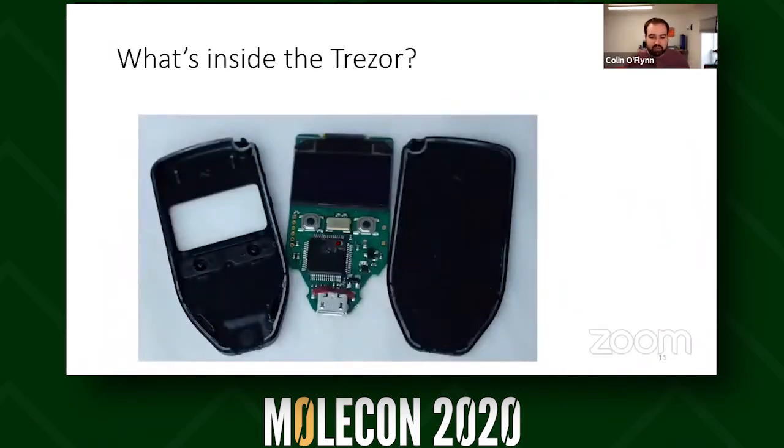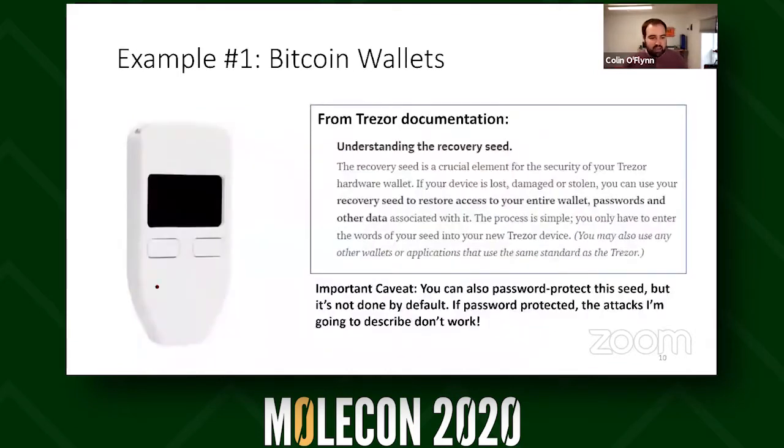And why this was interesting is if you look inside the Trezor, there's basically this microcontroller, right underneath the case. So you had a microcontroller, you had the plastic case. This makes it really interesting for EMFI, because we know the microcontroller is in this region.